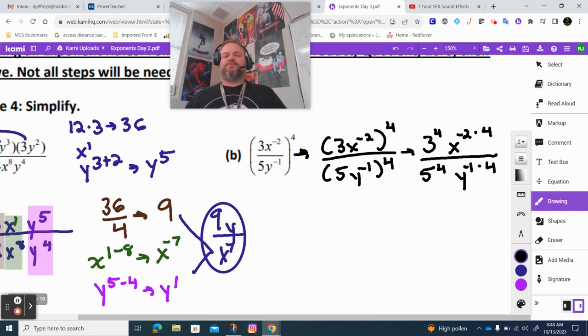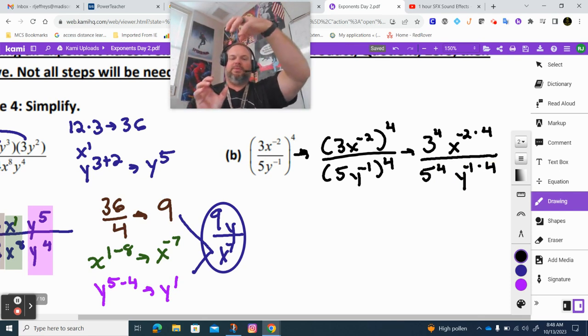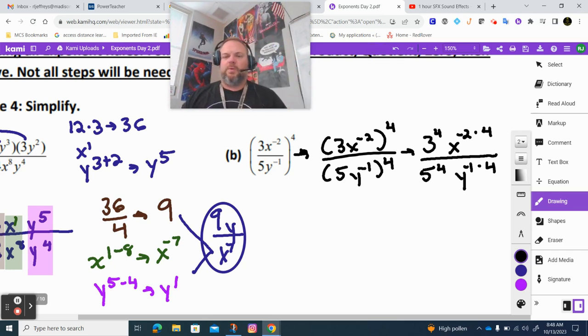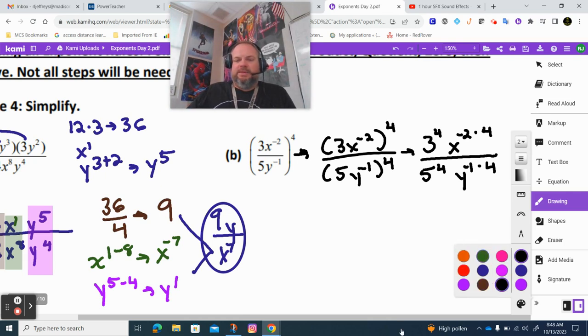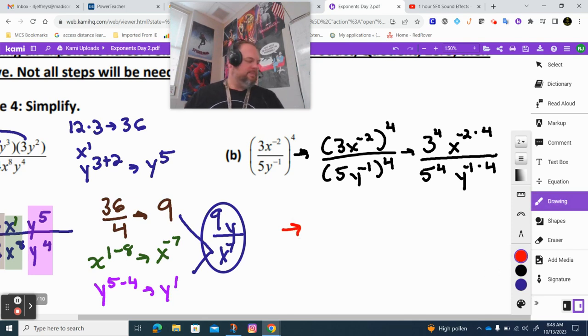All right. So from here to here, I made both top and bottom, numerator and denominator, raised everything to the fourth, and then I kind of went back and raised each little thing in here to the fourth power. Okay. So now, let's see. 3 to the fourth, 81.